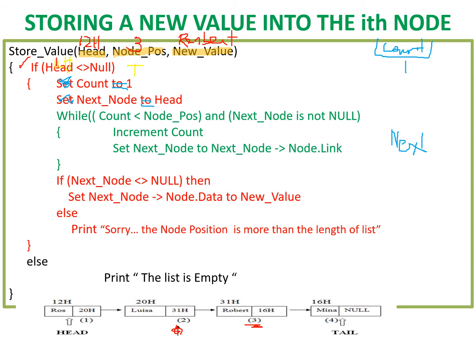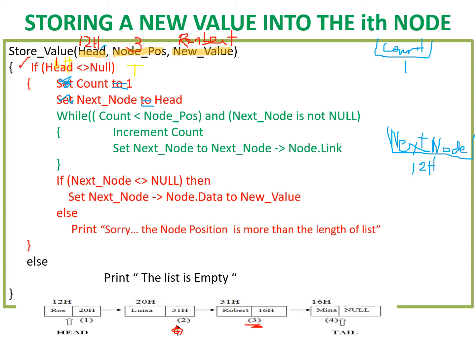So the value of the head is 12h. So our next node is also 12h.